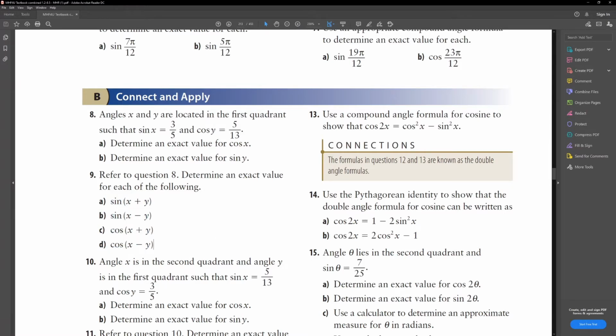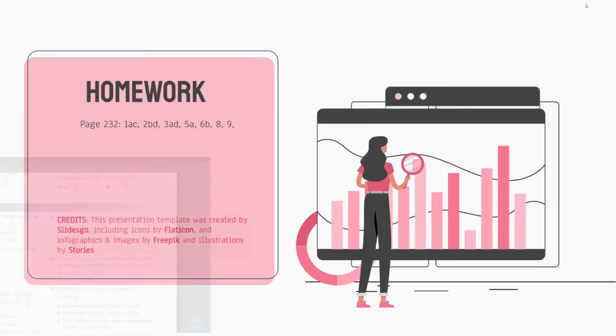So with that being said, thank you for listening to today's lesson. I understand it might have been a little bit difficult or surprising, the new content that we've learned, but I will be making another lesson that is actually not in your textbook, on double angles.